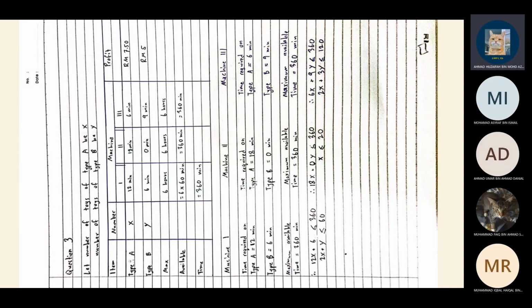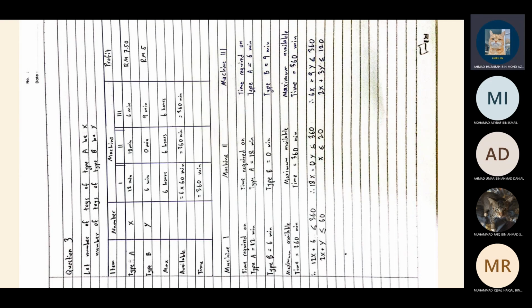So next is the calculation. First, let the number of toys of type A be X and the number of toys of type B be Y. So first thing, we should make a table and fill in the item, number, machine, and profit.